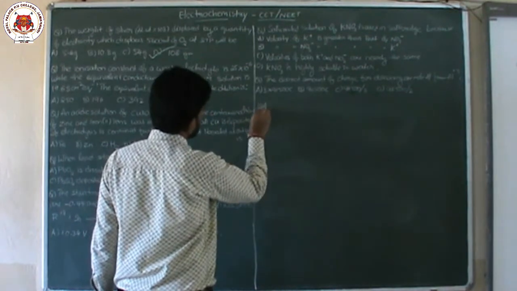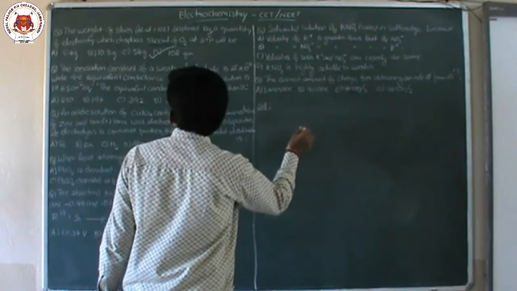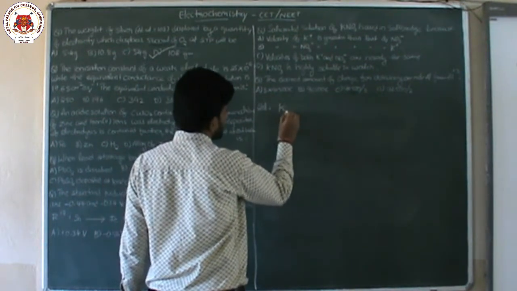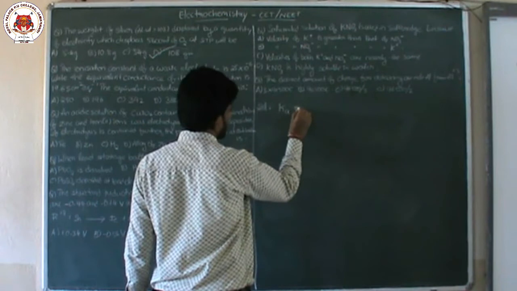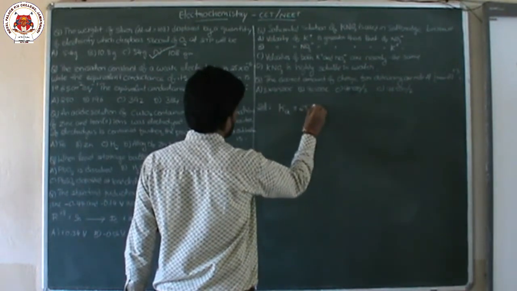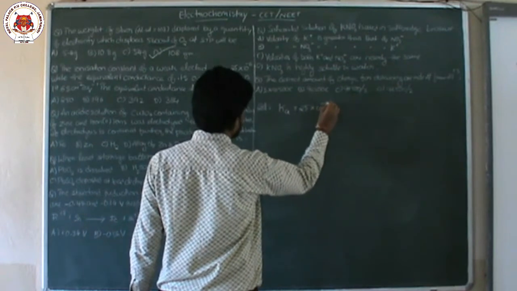In the question they have given the ionization constant, which is nothing but the dissociation constant Ka. Ka given is 25 into 10 raised to minus 6.